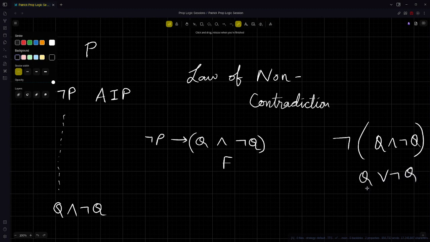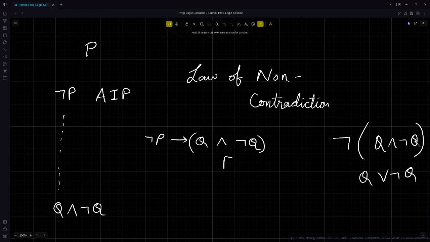And tautologies are always true. Yeah. That's why it's called law of non-contradiction. It's called non-contradiction because it's saying that contradictions are not true or contradictions are false. Okay. Yeah, it's just like a conventional thing.